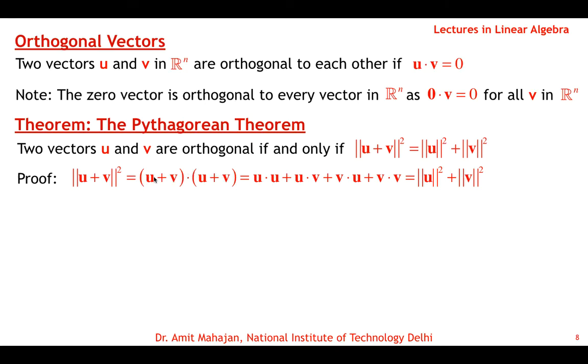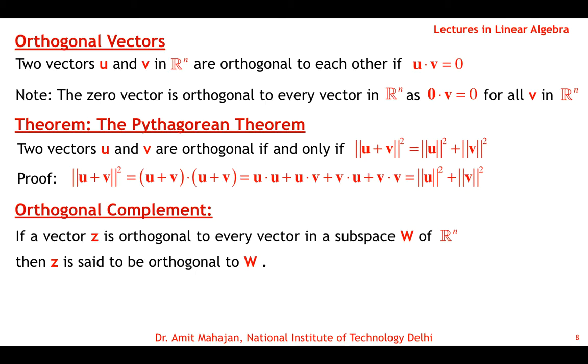By properties we can rewrite it as u dot u plus u dot v plus v dot u plus v dot v. Then u dot u is norm squared, v dot v is again norm squared, and u dot v is 0 if u and v are orthogonal. Because u dot v is always equal to v dot u in inner product, v dot u is also 0. So if u and v are orthogonal, u dot v and v dot u are 0, so immediately this equals this. That's a very simple proof.